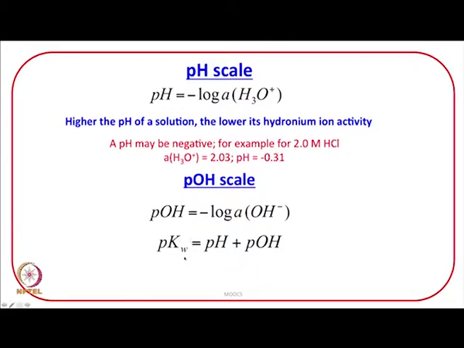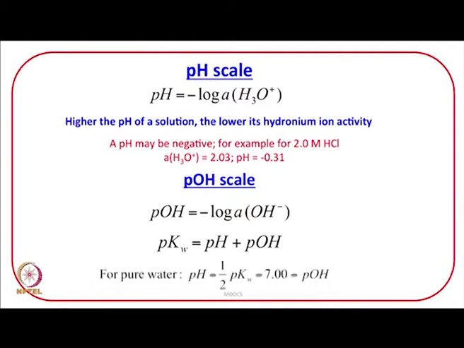Therefore, pH and pOH have to adjust in such a way that the sum remains constant. In other words, if one goes down, the other has to go up.